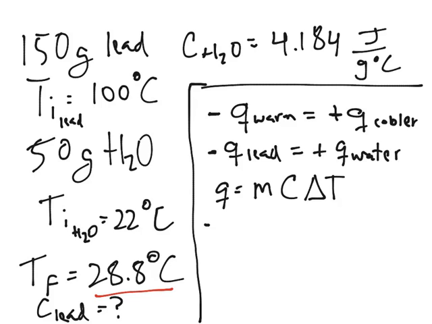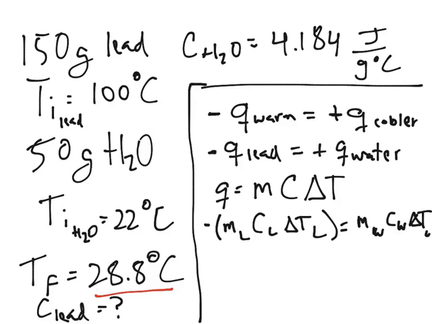The negative side is going to be the mass of the lead, and I'm just going to write it as L, just because writing lead every time is too long. And the specific heat of L, the delta T of L, right? And that's going to be equal to the mass of water, I'm going to write it with a W, times the specific heat of water times the delta T of water too.